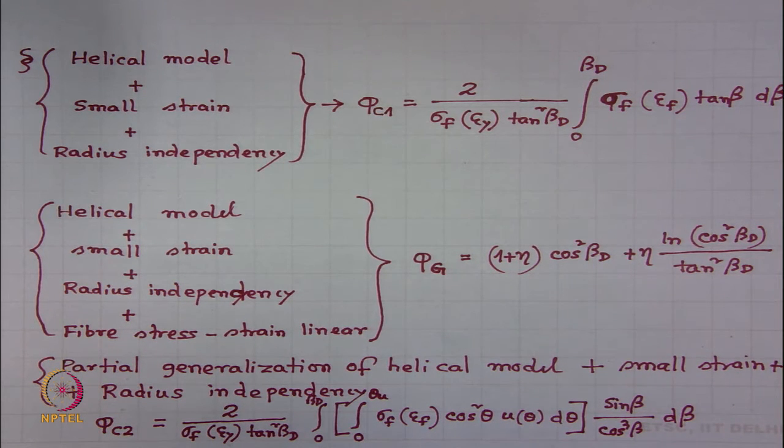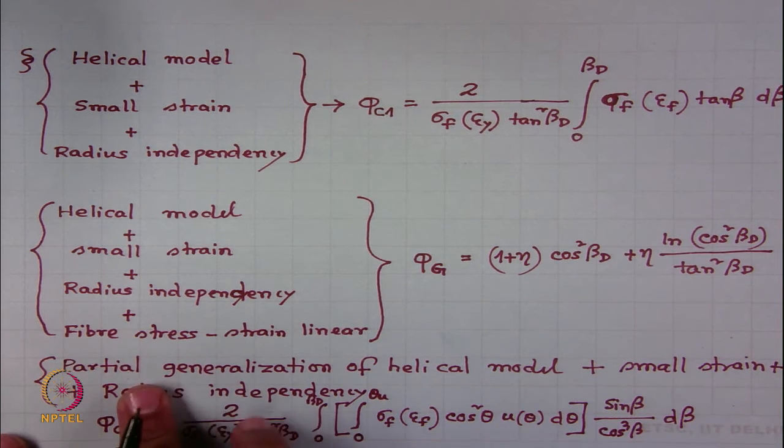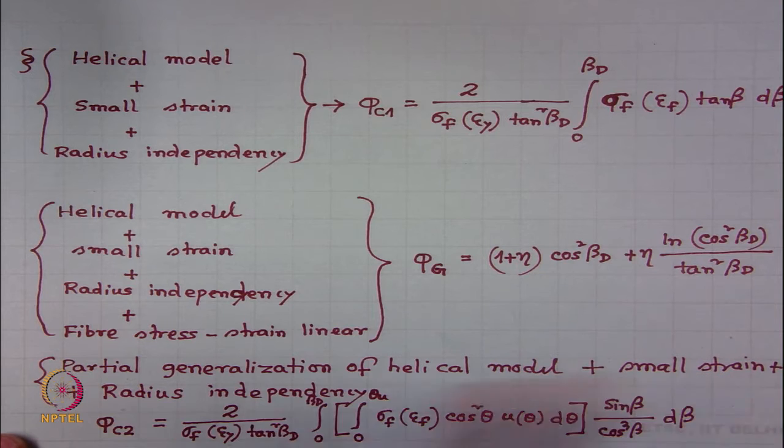So, this we have already derived earlier. So, this is also the result of these assumptions: partial generalization plus small strain plus radius independency.